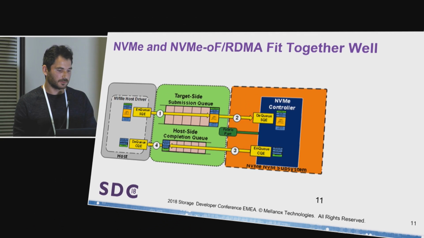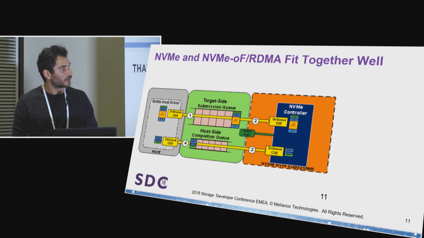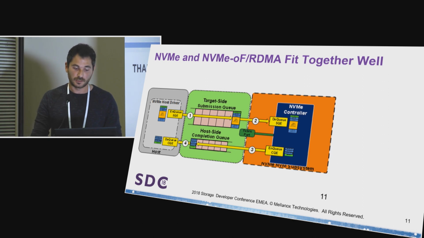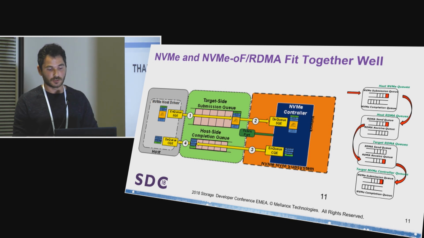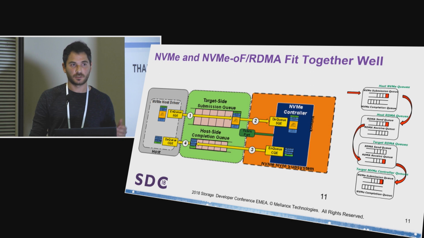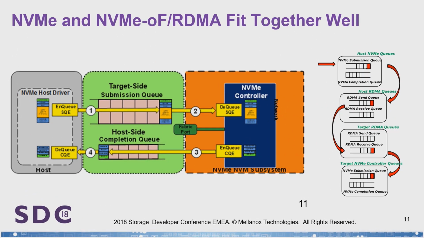We spoke about NVMe in the previous talks, but I want to talk a little bit about how an NVMe transaction is done. In order to perform an NVMe transaction, one should create a submission queue and a completion queue. It should enqueue a small operation in the submission queue, this entry called a submission queue entry, and it describes the I/O. After posting this submission queue entry, the host should ring a tiny doorbell in order to inform the hardware that you have some work to do, so please do it.